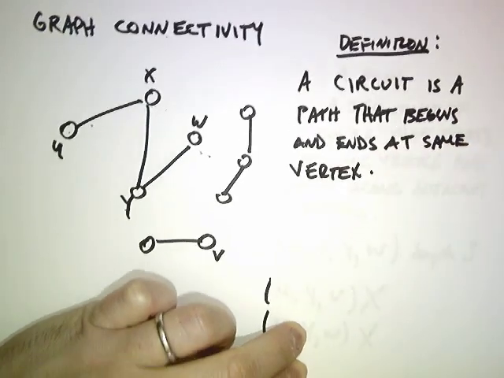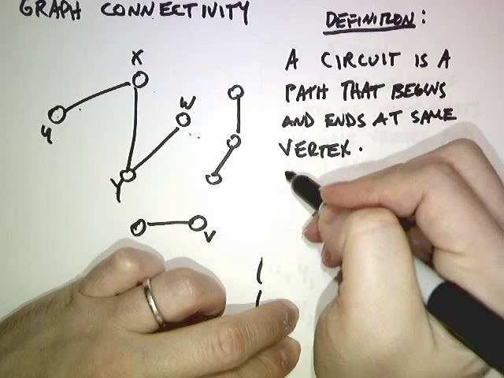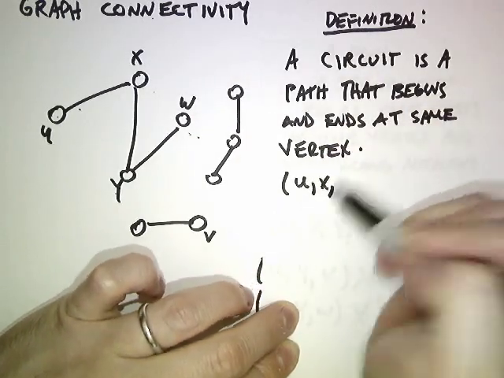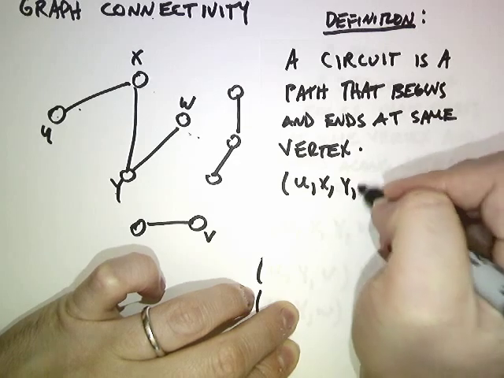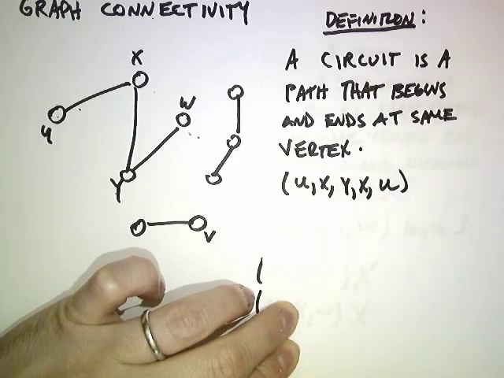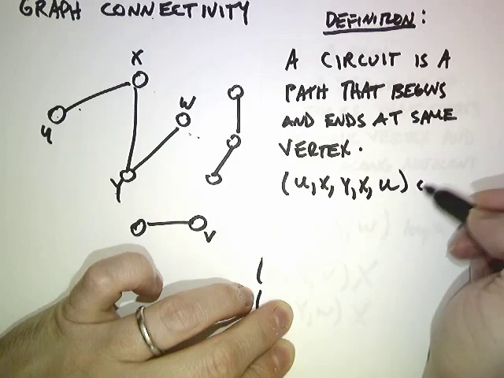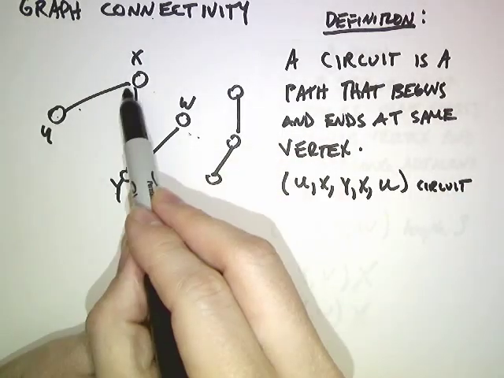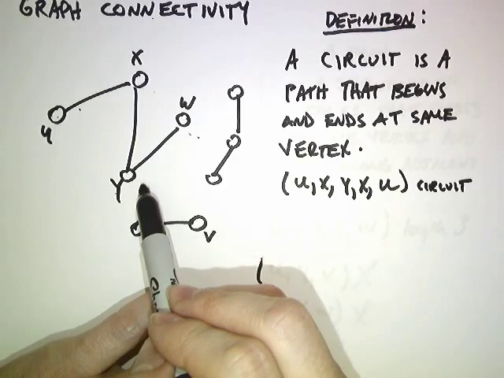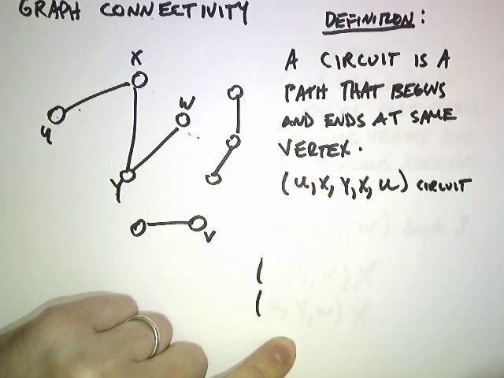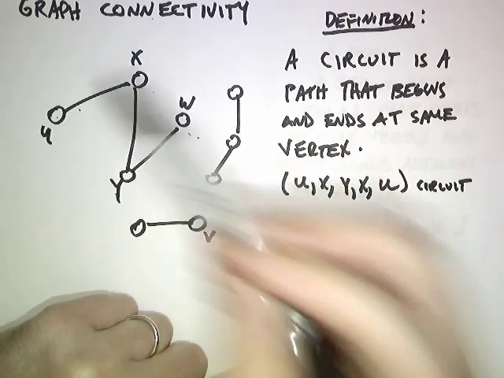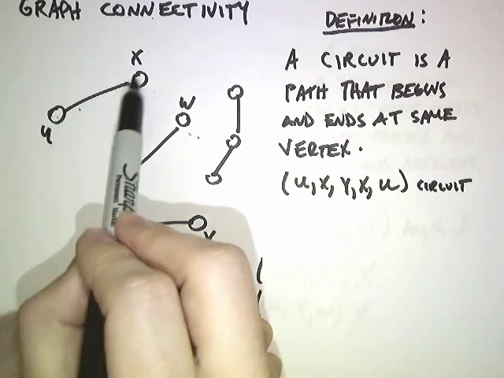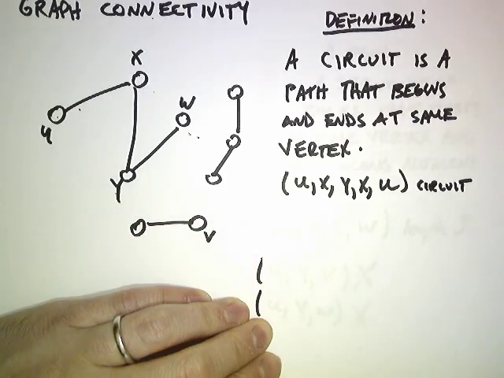So for example, the path U, X, Y, X, U is a circuit. So we could go from U to X to Y to X and then back to U. Yes, we began and ended at U. We had a valid sequence of edges here, so it is a circuit.